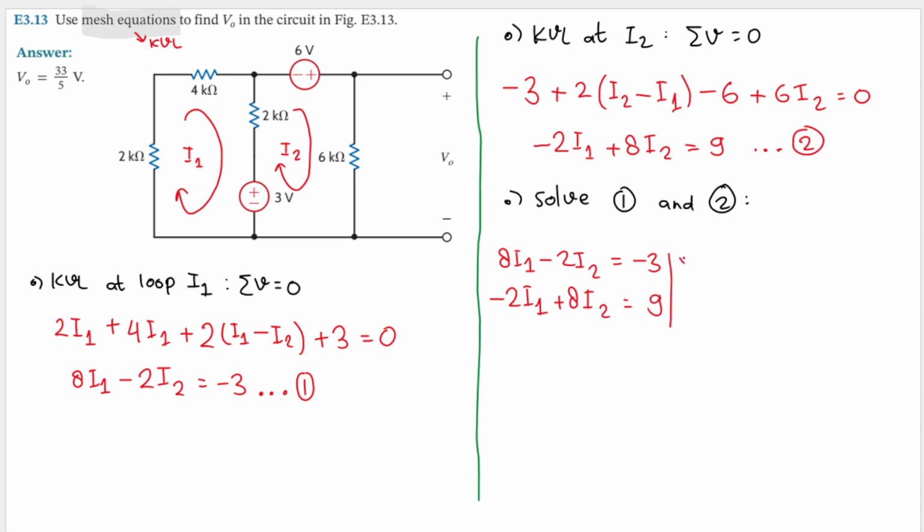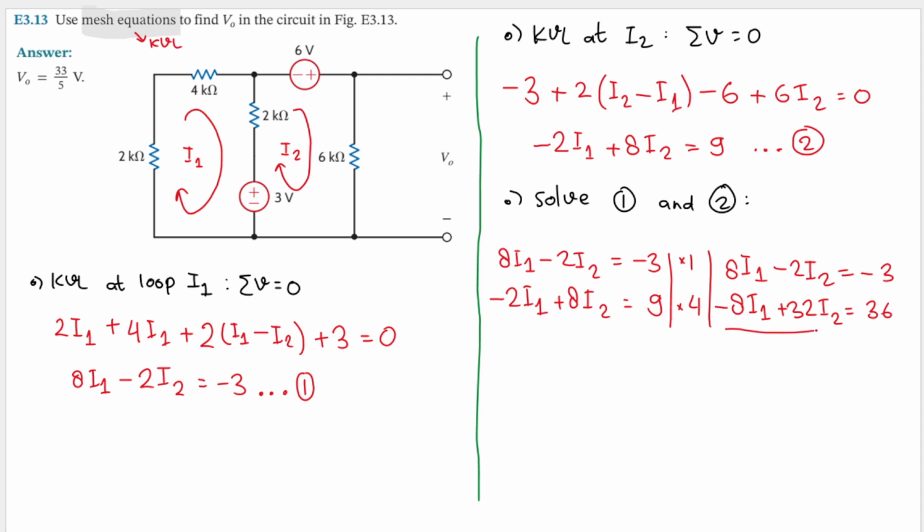Let's multiply this by 1, and let's multiply this by 4. Okay, we'll have 8I1 minus 2I2 equal to minus 3. Now let's multiply this by 4. So we'll have minus 8I1, and then plus 4 times 8 will be 32I2. Good, and that will equal 36.